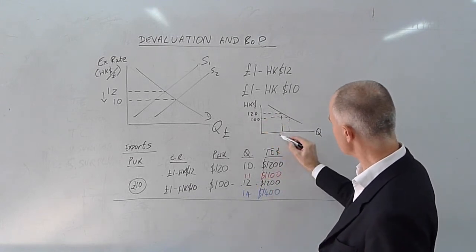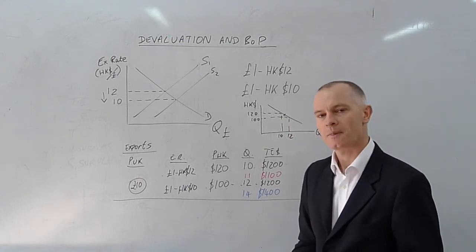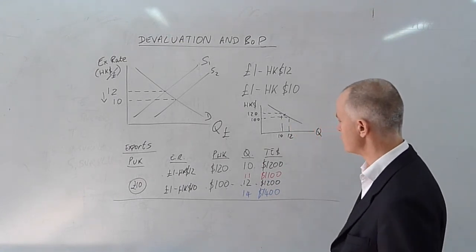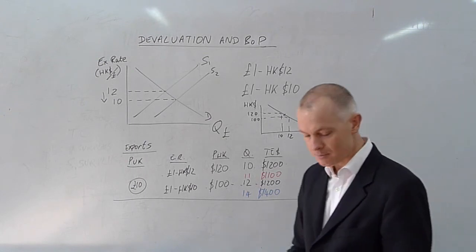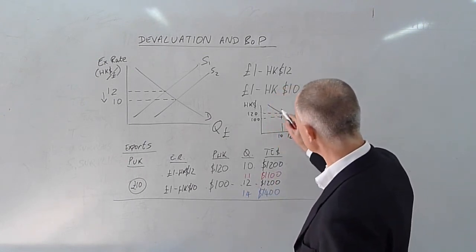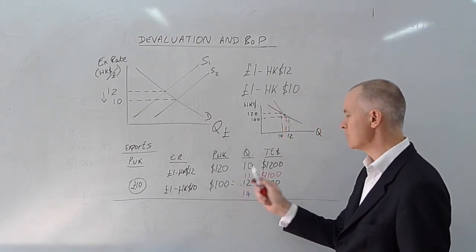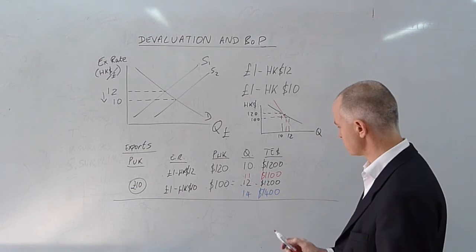And consumption rises from 10 to 12, expenditure remains at 1,200. However, particularly in the short run, we might find that demand actually increases by less than 2 and only increases by 1 unit.